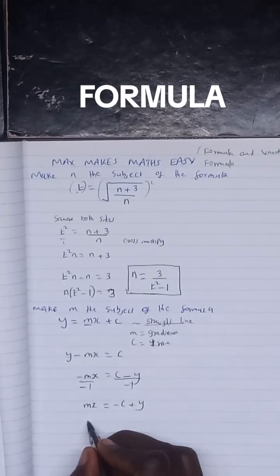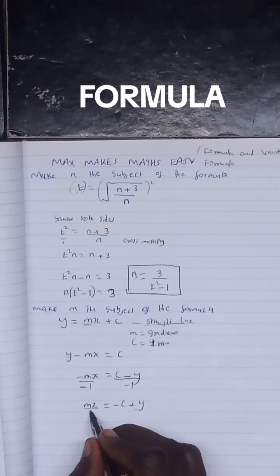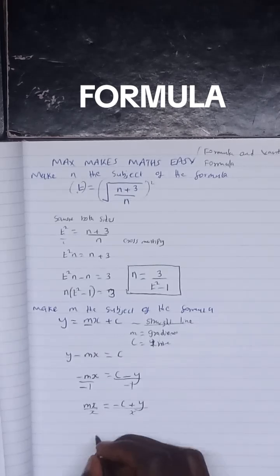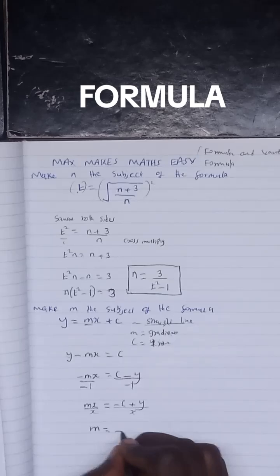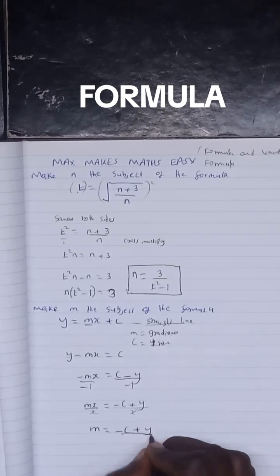If you want to make m the subject of the formula, we divide all through by x. And this becomes m is equals to minus c plus y over x.